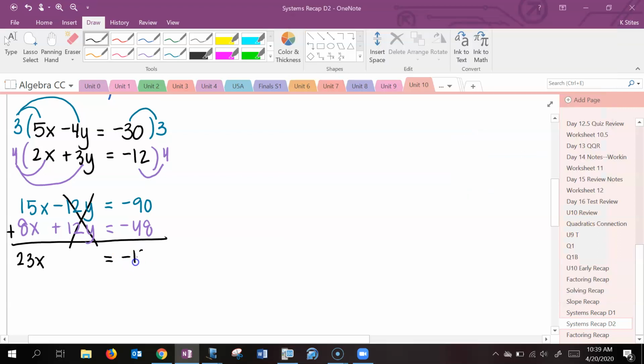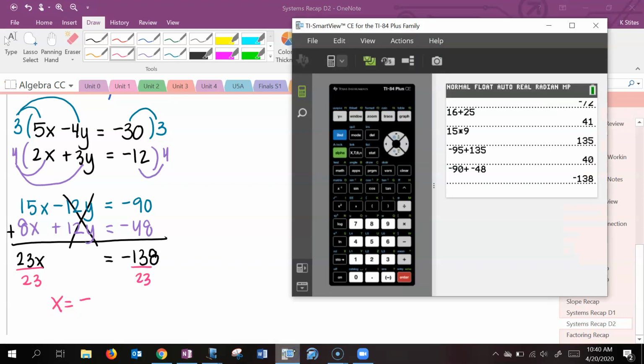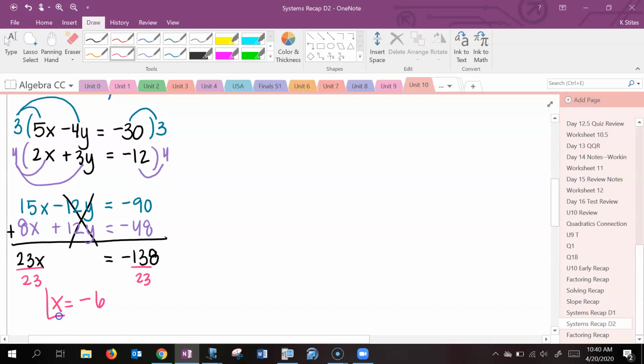Yes. And then I need my calculator to divide this. Divide by 23. It's going to be a negative something. Let's see. Negative 6.